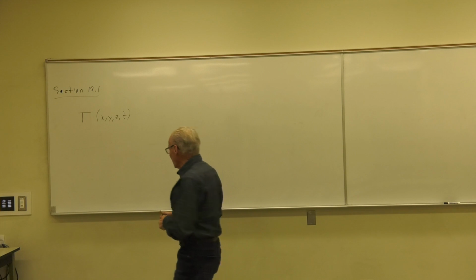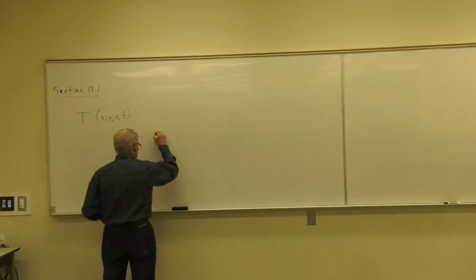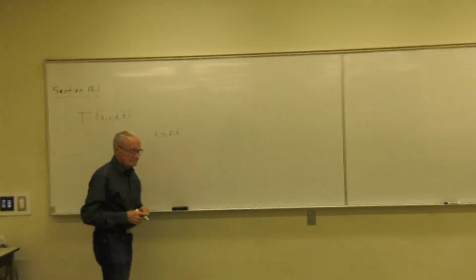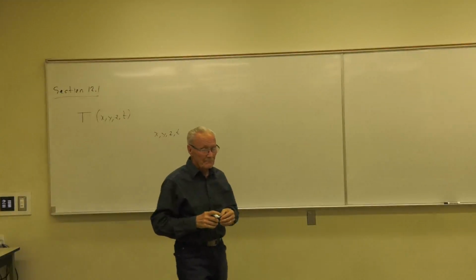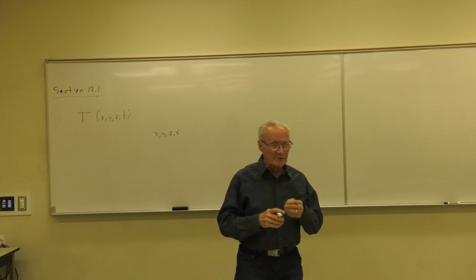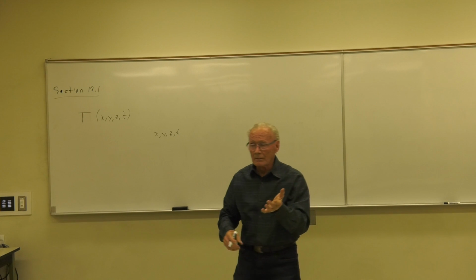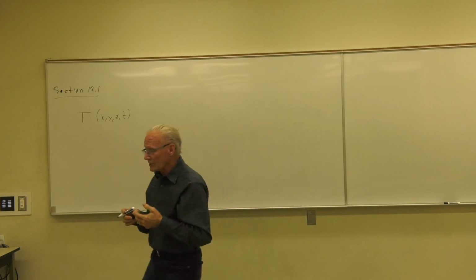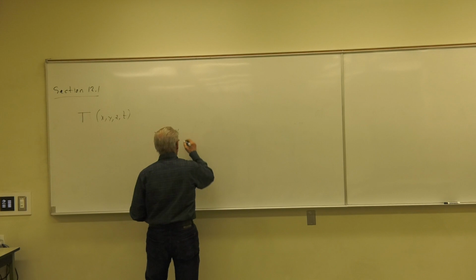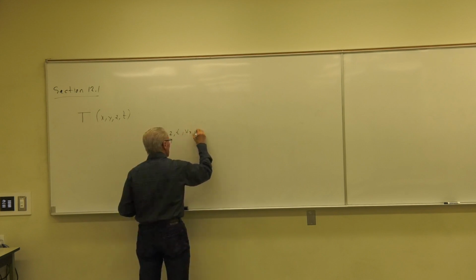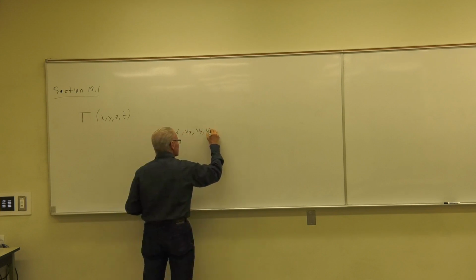Well, one, I would describe where it is at any given time, right? So that describes its position. But I'm also interested in what direction it is going in. So that would mean talking about its velocity. So I would have an X component of velocity, a Y component of velocity, and a Z component of velocity.